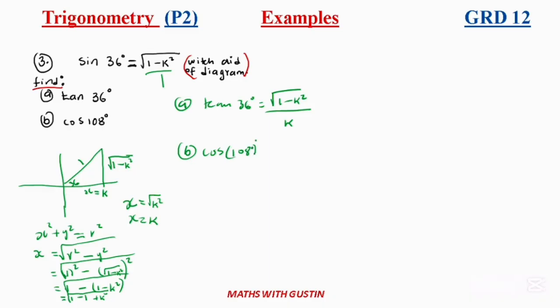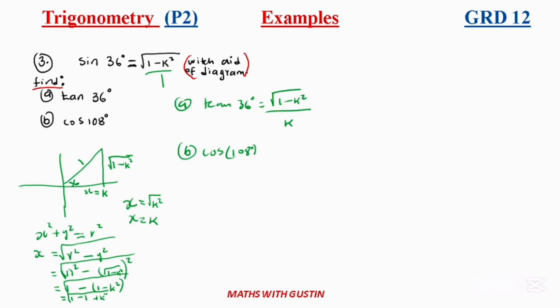Now this one, if you ever look at it, it means that somehow there is a relationship in between. So if you take 36 multiplied by 2, it is going to give you 72. All right.